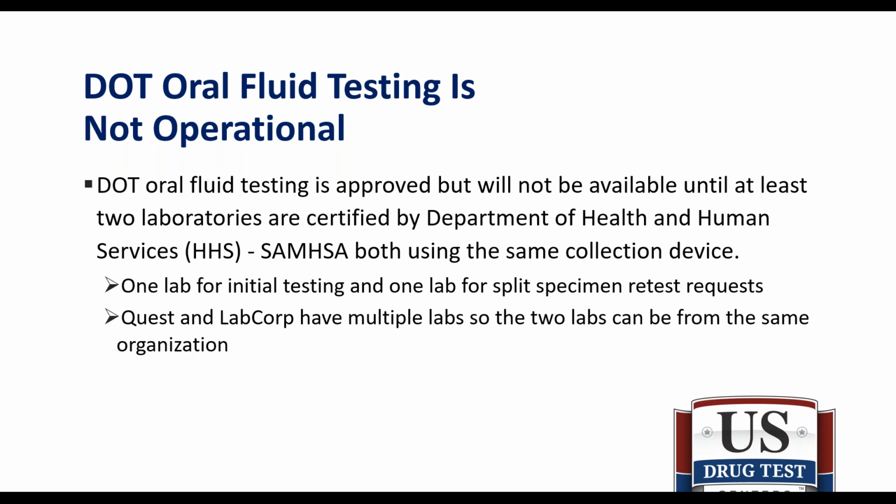Just like with urine testing, nothing happens to the B bottle, and if the test is negative, the B bottle is discarded. But if the test is non-negative, the B bottle is stored at the laboratory in case there is a request or a challenge to the original testing, so that that second specimen can be retrieved and sent to another lab for the retest.